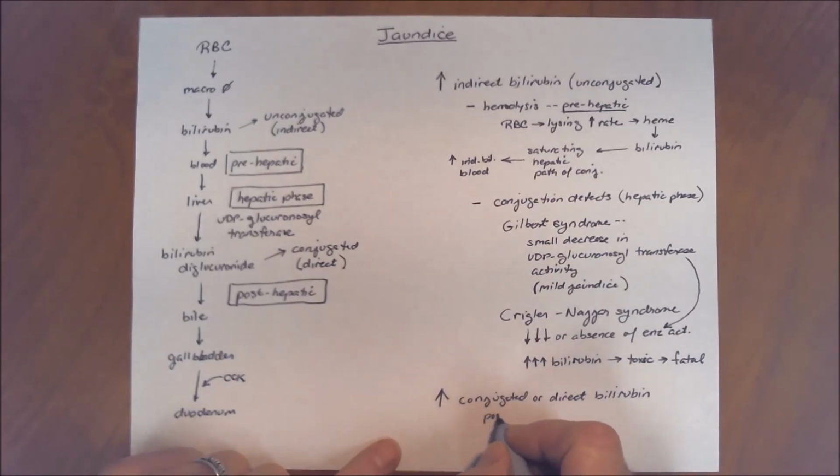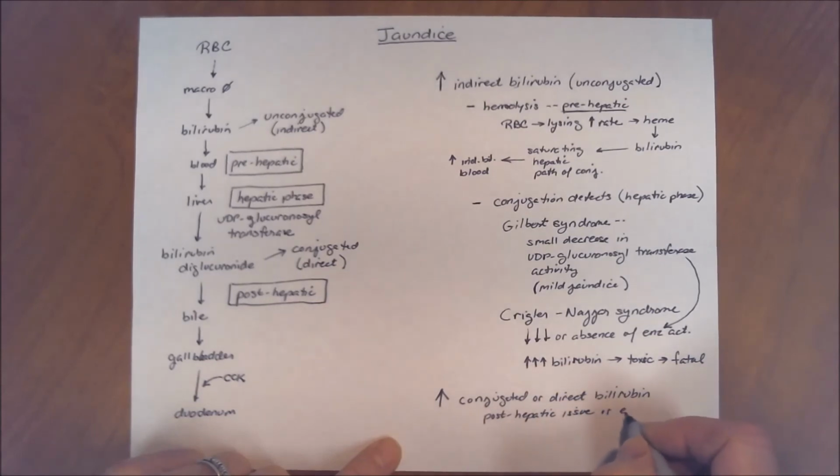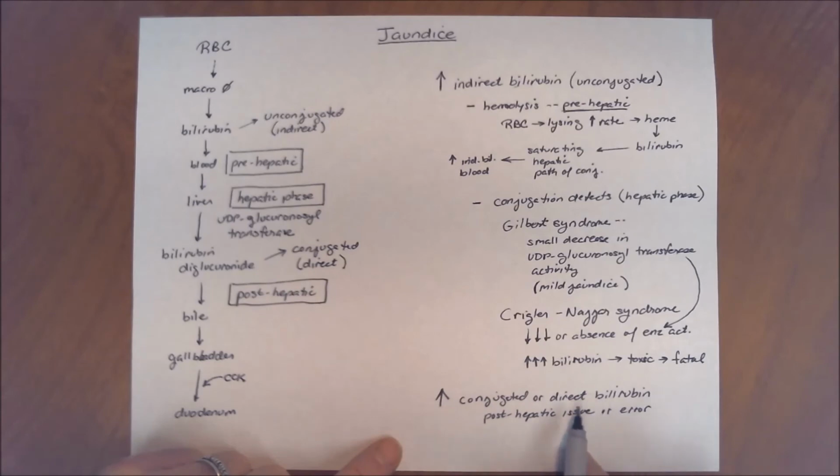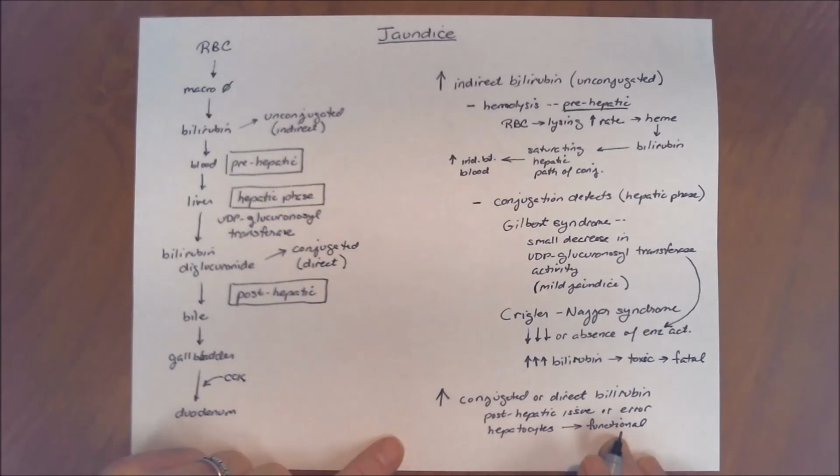The hint would be this is considered a post-hepatic issue or error. Elevated conjugated direct means that the hepatocytes are functioning fine. So the liver is processing the bilirubin as it should.